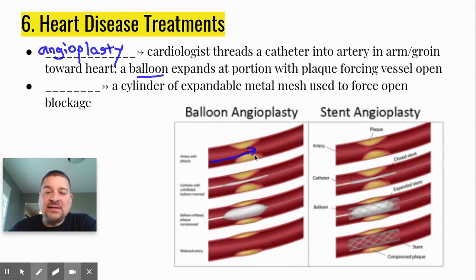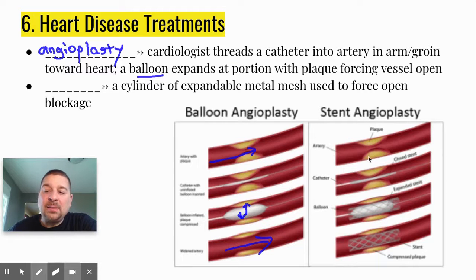Then they insert this catheter with a little balloon and expand it, blowing it open to force open that blockage. It doesn't really get rid of it, but it opens it up a little bit so that the blood can flow through again.